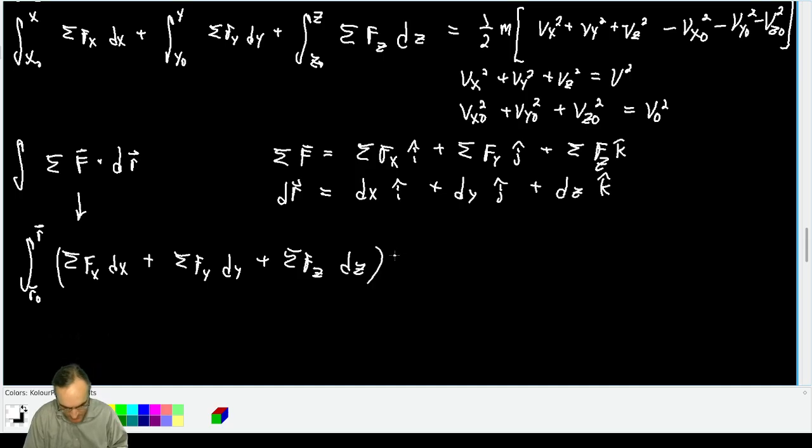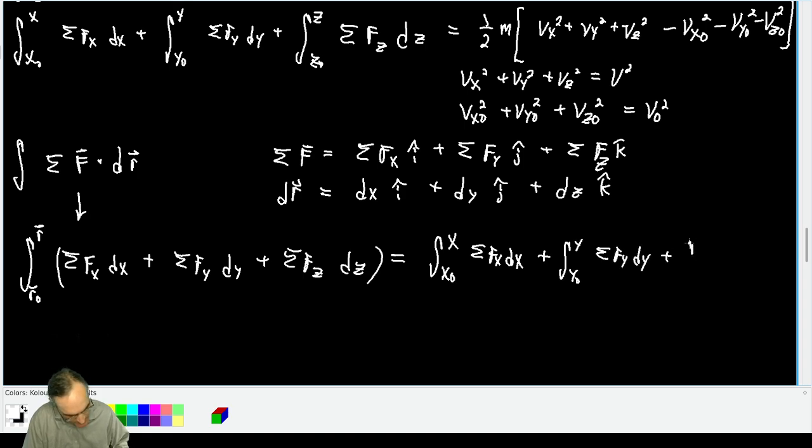So this just will become what we already have above, that it's the integral from x0 to x, sum of forces in x dx, plus the integral y0 to y, sum of forces in y dy, plus the integral z0 to z, sum of forces in z dz.